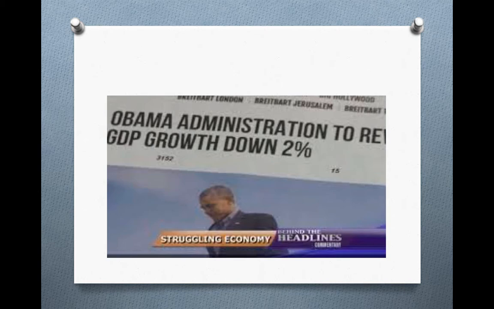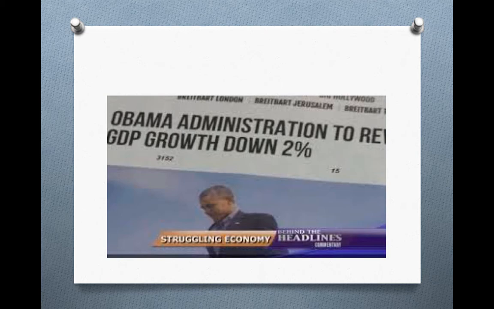Now, see, this picture is out of a news article which says Obama administration to, and we don't see the balance part of it, but it talks about GDP growth down by 2%. In other words, it gives a fact, it gives a stat where you can test it.